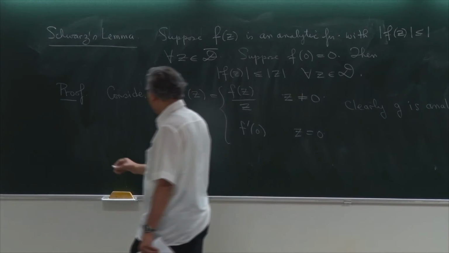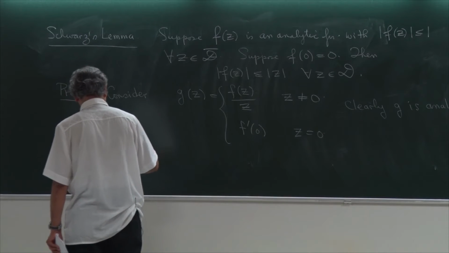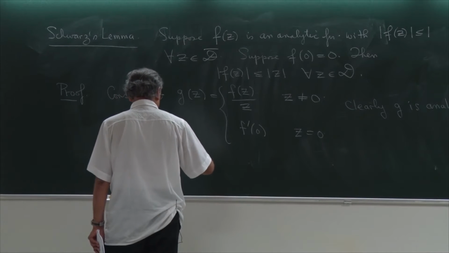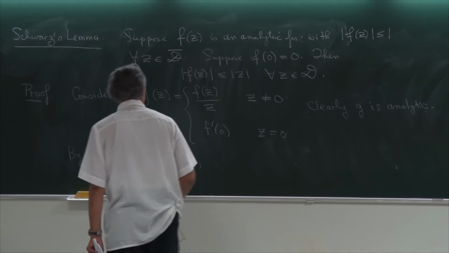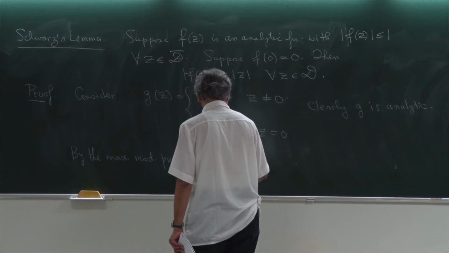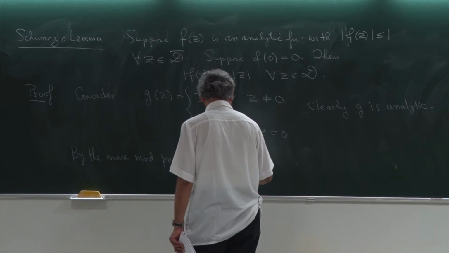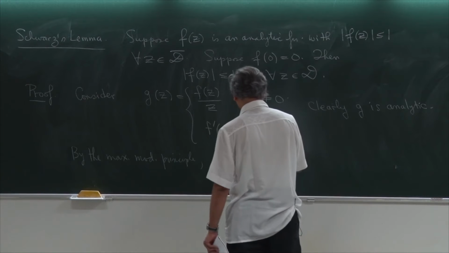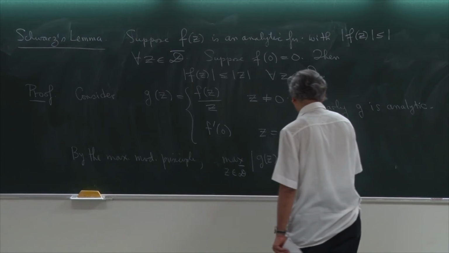And by the maximum modulus principle, the maximum of mod g of z on the closed disk is actually attained on the boundary.